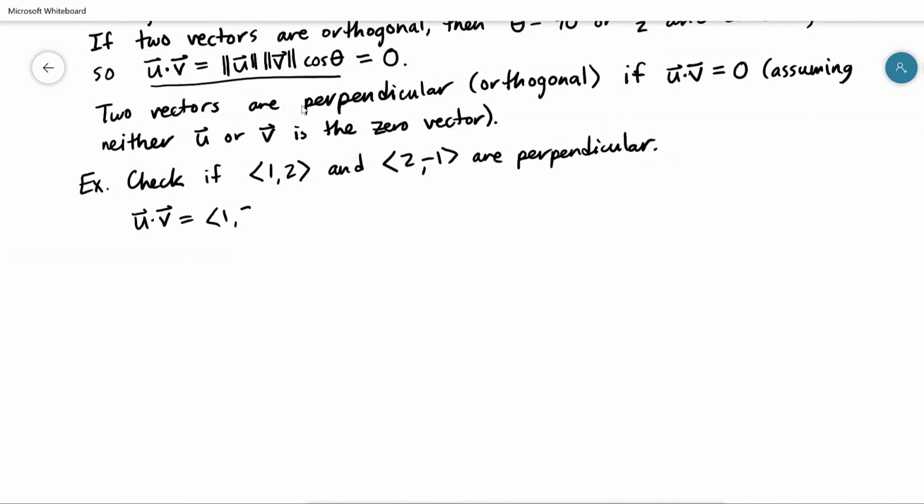So 1, 2 dotted with 2, negative 1. Multiply the first two terms together, I get 1 times 2, which is 2. Then to that I add the product of the second two numbers, which is 2 times negative 1. And I get 2 minus 2, which is 0. So they are perpendicular.